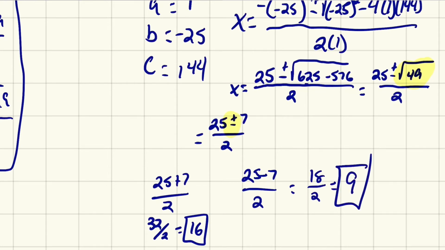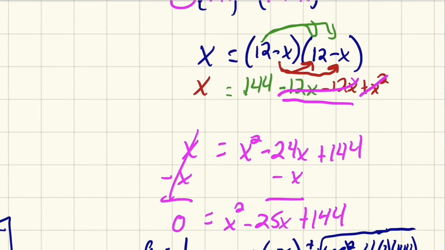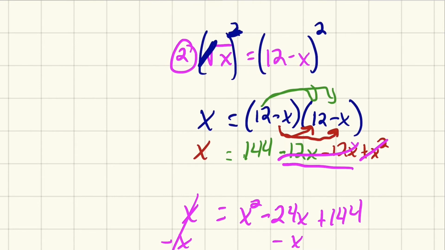So by solving our quadratic equation, we are able to get two full solutions here. And those two solutions are 16 and 9. And that's just by taking our time and simplifying everything out, even though where we started was way back up here, having to simplify the problem and solve the problem.